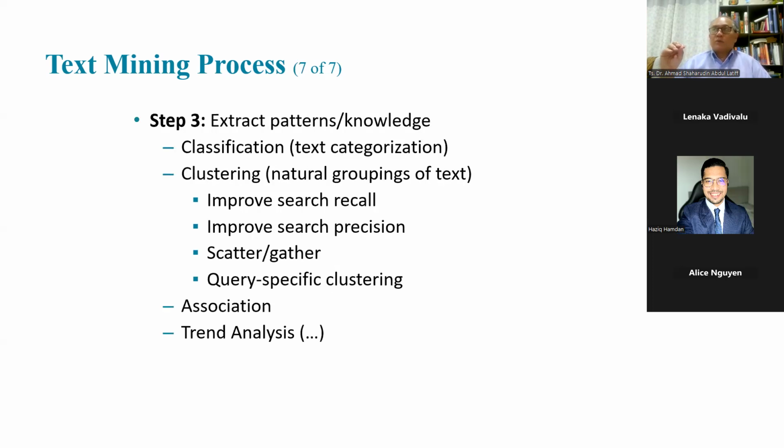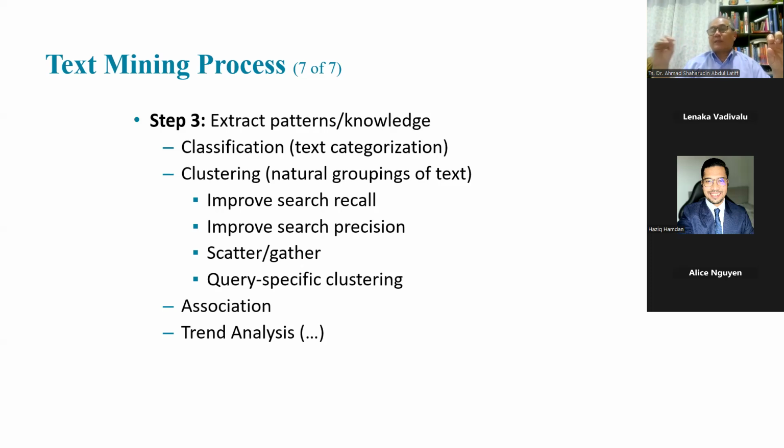Then we will be able to look into patterns and knowledge. Once it is structured, we can extract patterns like we do in numerical data mining. Once we have this TDM, which is a matrix, we can do classification, text categorization, clustering, association, or we can also look into trend analysis. Remember, when we do classification, we have a target.